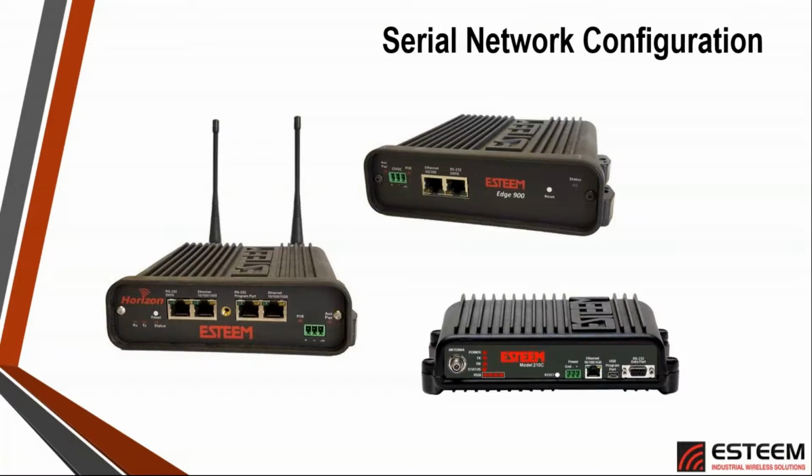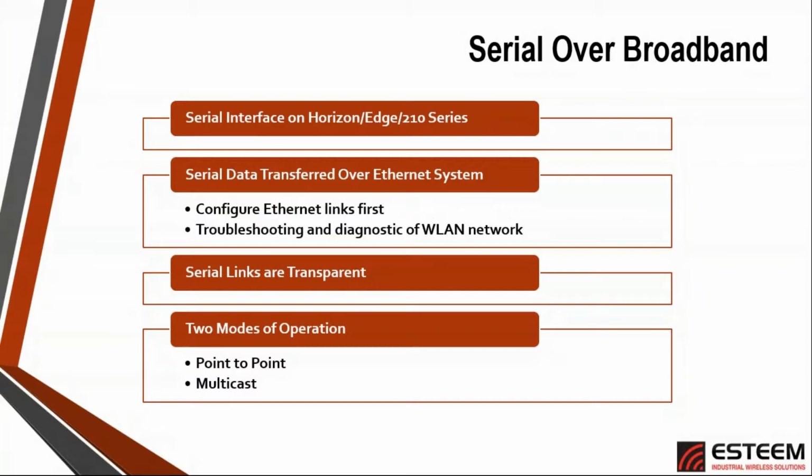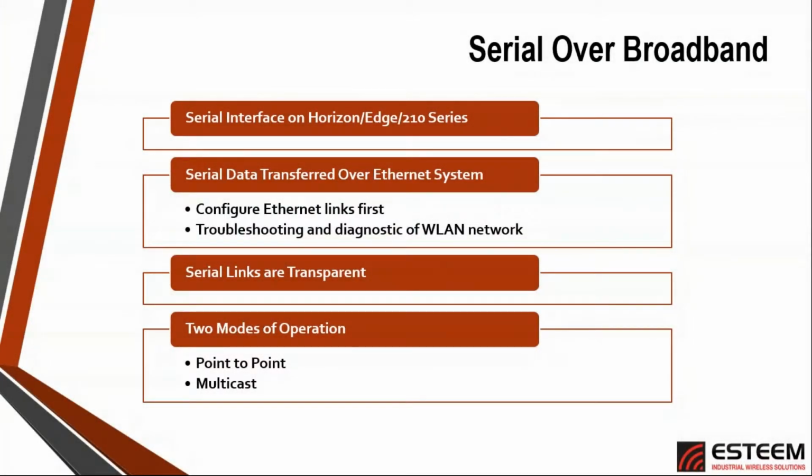In a lot of cases, especially the higher speed radio series, we've kept that on there for a very, very specific reason, and the fact that we can actually run what we call serial over broadband. Really what we're doing is we're taking the serial information that comes in from the connected device. We're using that Ethernet framework and making that serial data inside of an Ethernet packet.